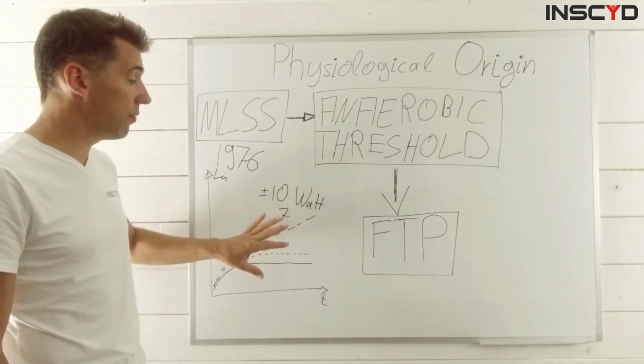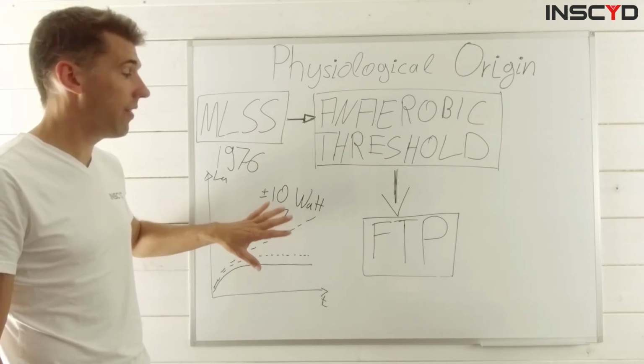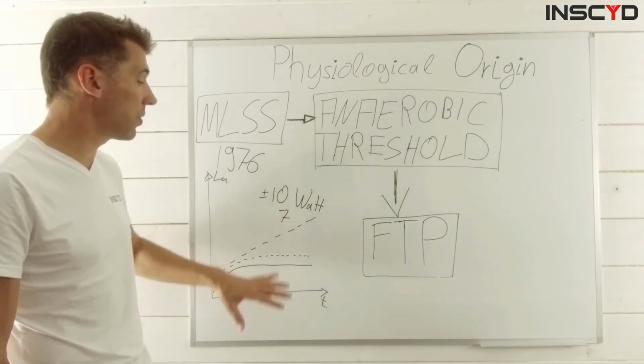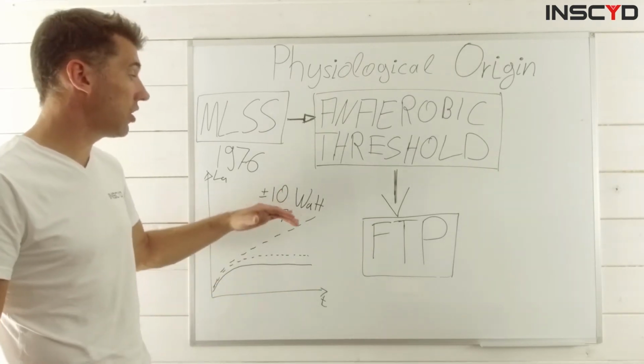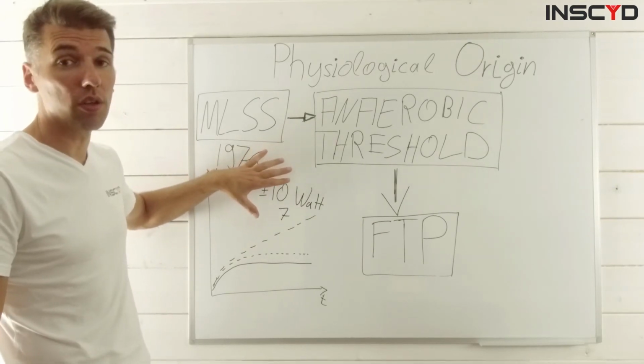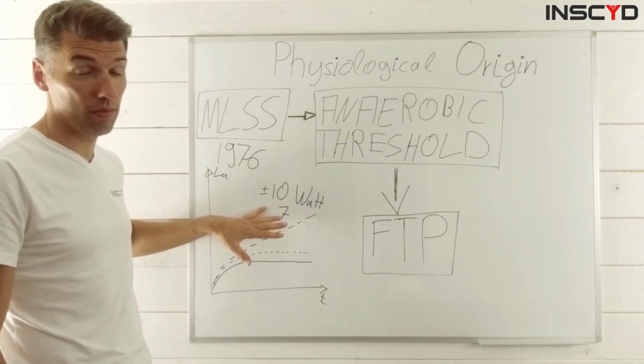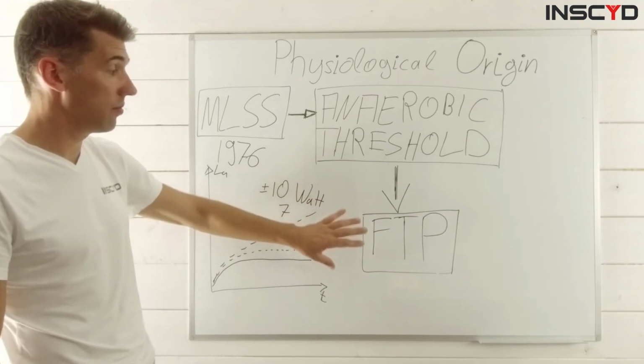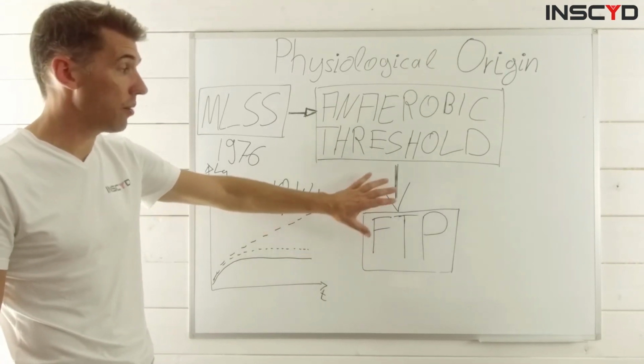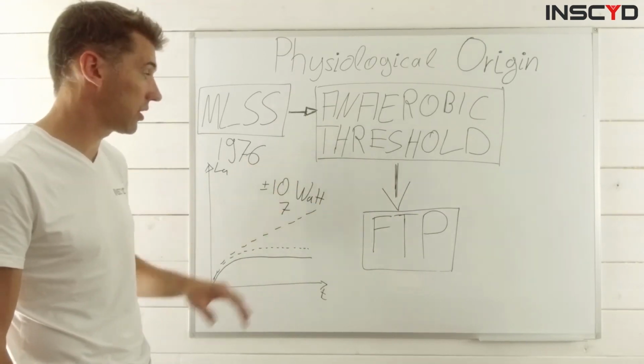So even with this gold standard, it is not valid, not correct, so to speak, to even discuss changes in power output at threshold smaller than this. And obviously this is also true for any approximation of this metabolic state.